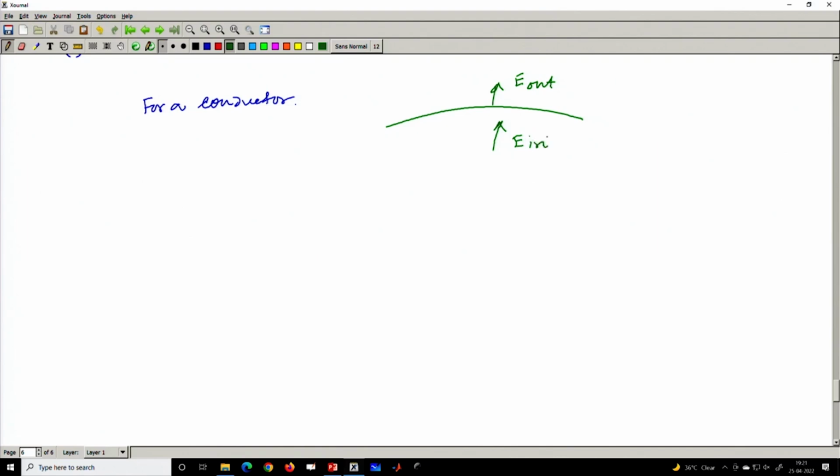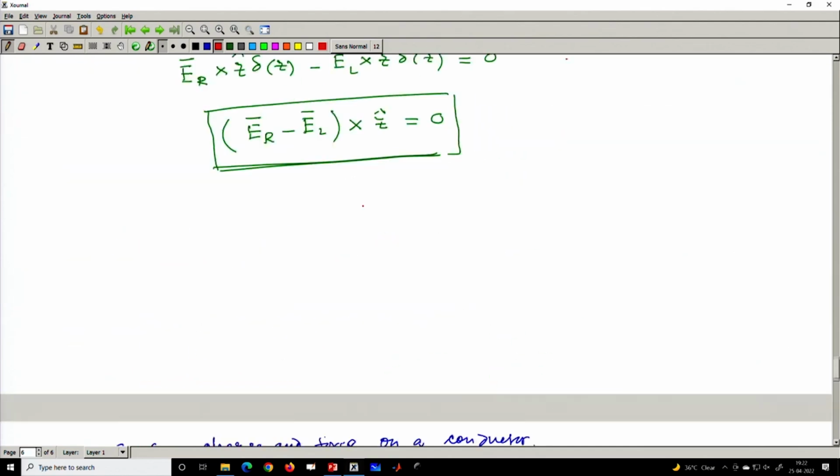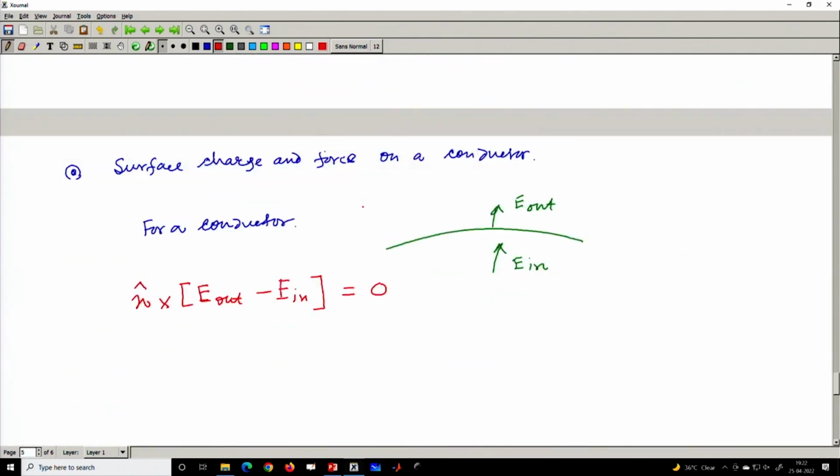I already have this equation: n cross E out minus E in is equal to 0. That is this equation, simply considering that is the z direction.